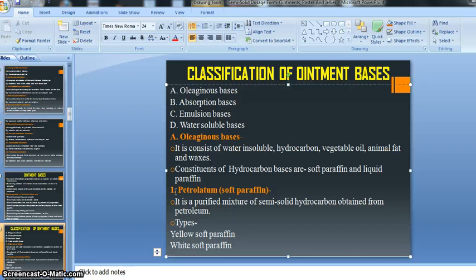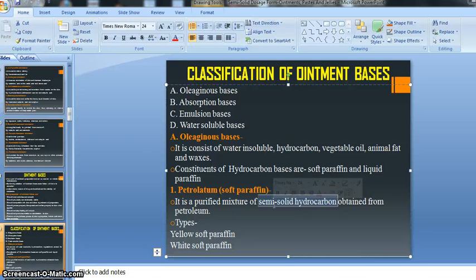Soft paraffin or petrolatum is a purified mixture of semi-solid hydrocarbons obtained from petroleum. So what is soft paraffin? It is a mixture of semi-solid hydrocarbons.